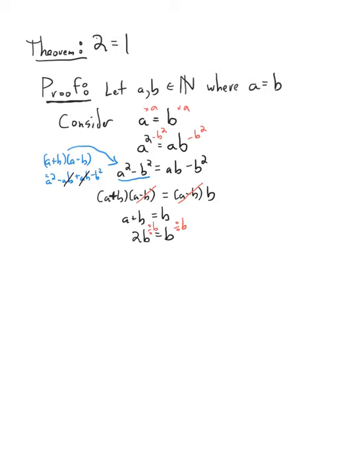It's not going to be 0, so we can divide by B, no problem. So 2B divided by B is just 2, and B divided by B is 1. So hey, look, I just proved that 2 equals 1.